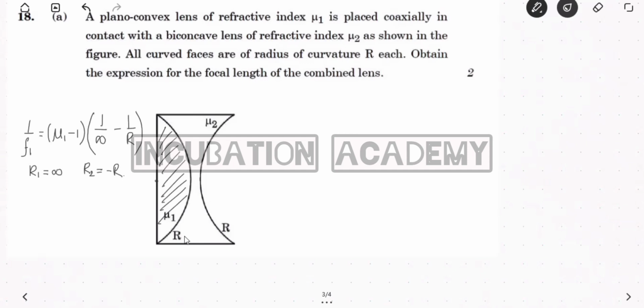What is the reason? If you think this point is my optical center, then this capital R2 is taken on the right side.